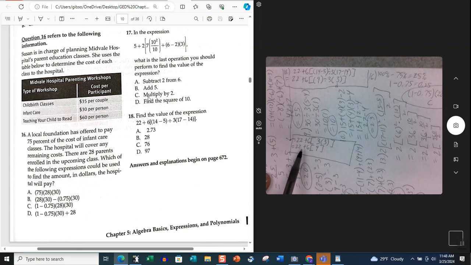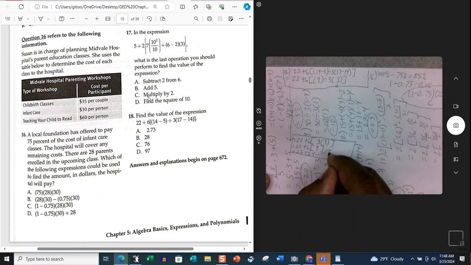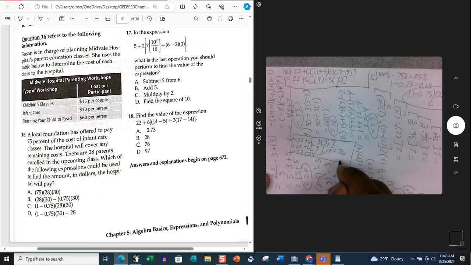There's nothing more we can do. Now we have addition and multiplication. So 6 times 9 is 54. Now we add 22 plus 54, which is 76. So our answer here would be C, which is 76.